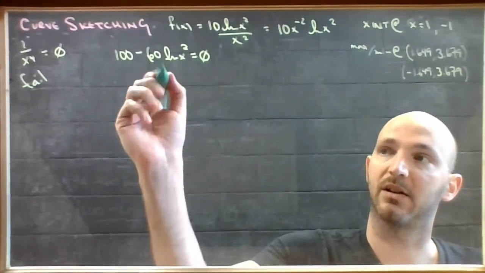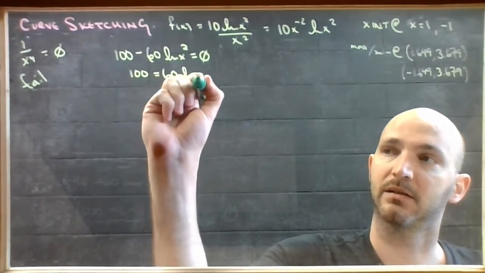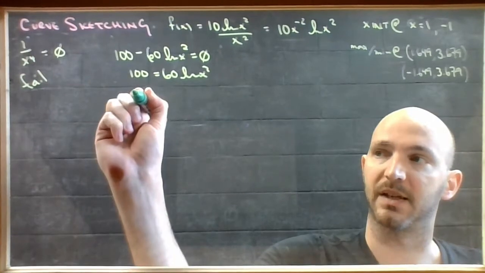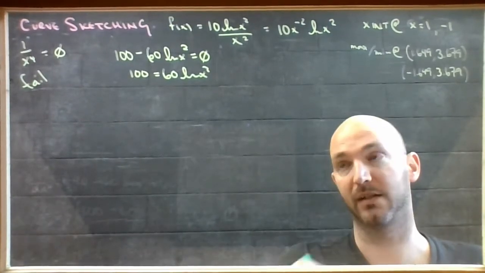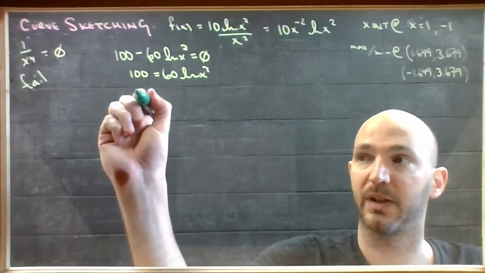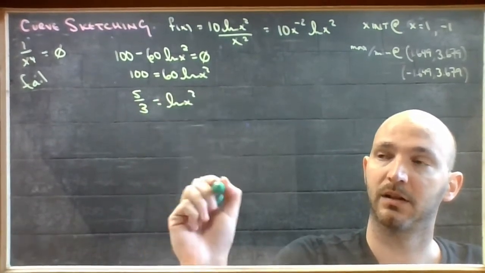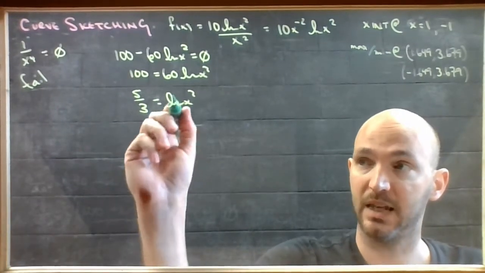Throwing this 60 ln x squared over to the other side, I get this. Divide both sides by 60, I get 100 over 60, which is 10 over 6, which is the same as 5 over 3. Exponentiate base e to break a ln.